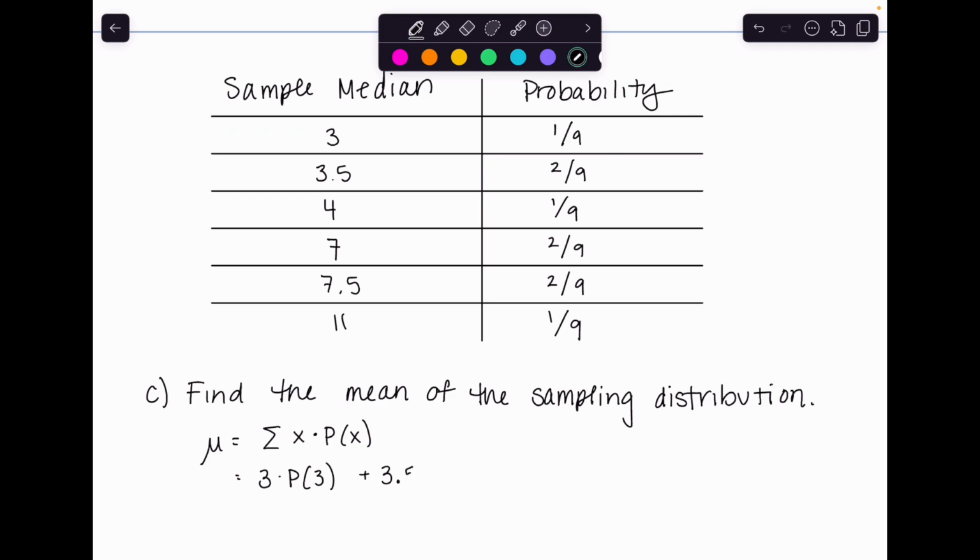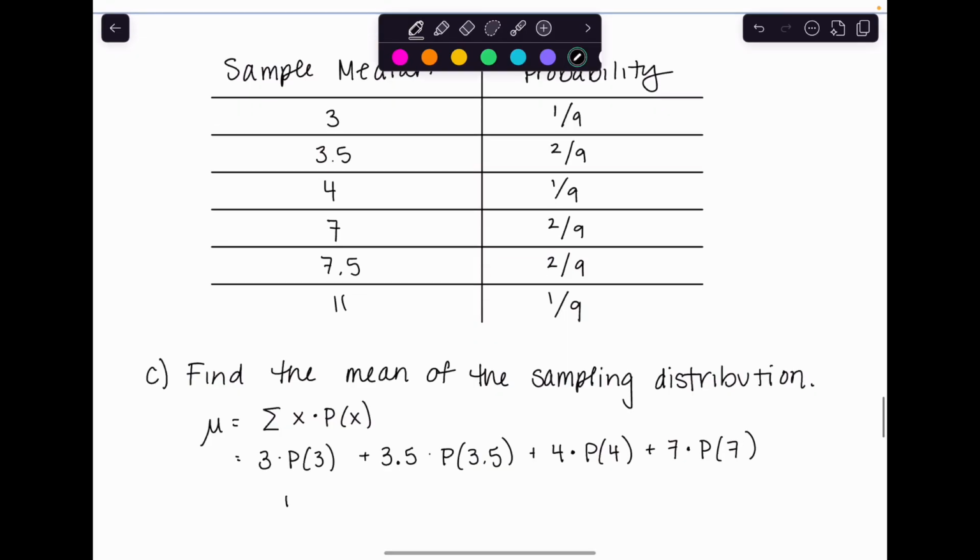Next one is 3.5 times the probability of getting a 3.5. 4 times its probability. 7 times its probability. 7.5 times its probability. And then finally 11 times its probability.